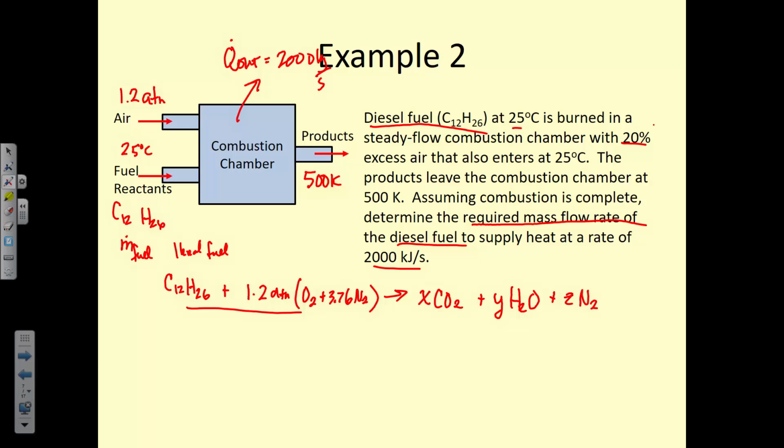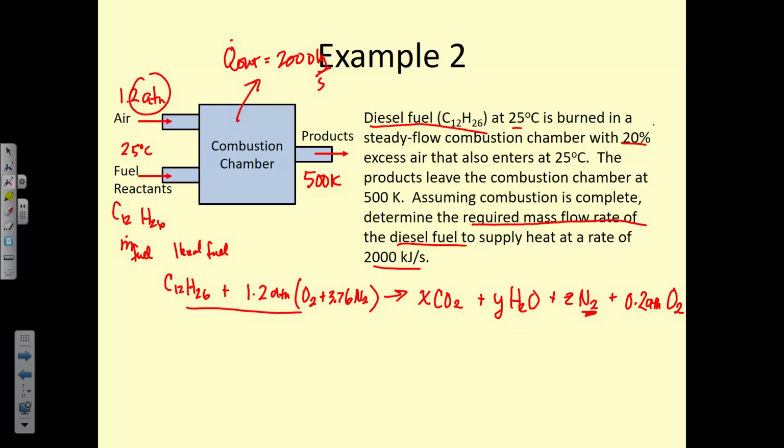Anything else? Because we have excess oxygen coming into our system, we're also going to have some oxygen coming out. So this excess air, the 0.2 A theoretical, is going to show up in our nitrogen. It's also going to show up as 0.2 A theoretical times O2, because we have extra oxygen.